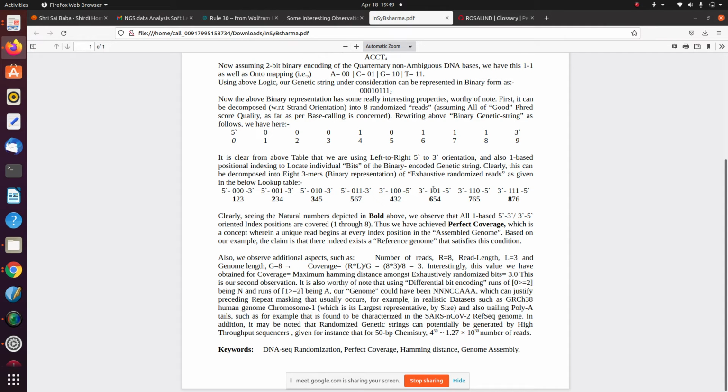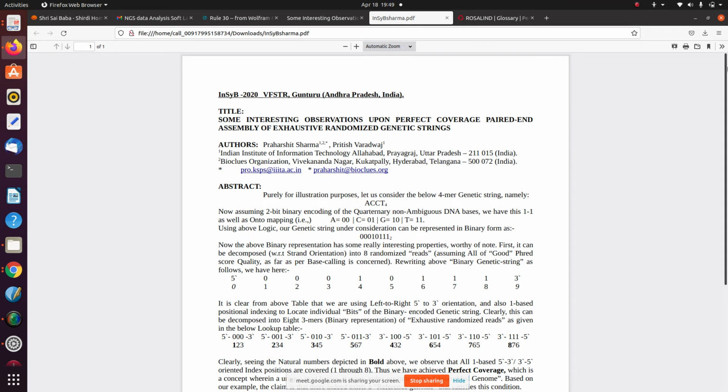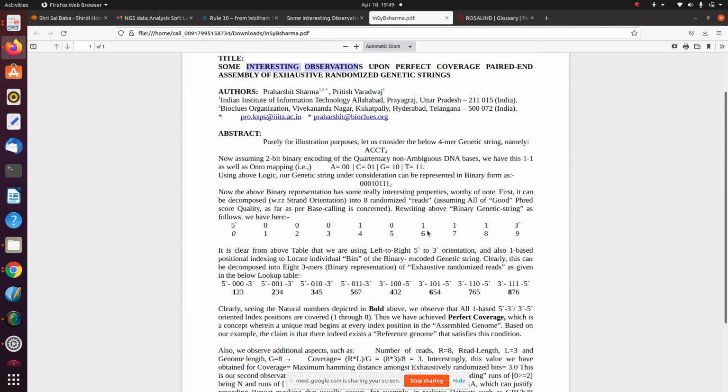what is the interesting observation? I said interesting observation, right? First of all, coverage is 3, the 8 gets cancelled for randomized strings. But what is the interesting observation?